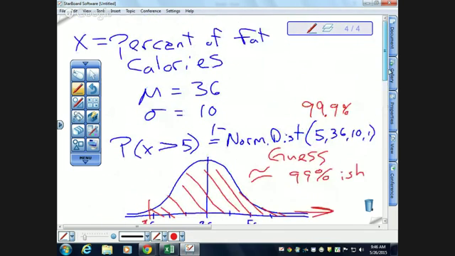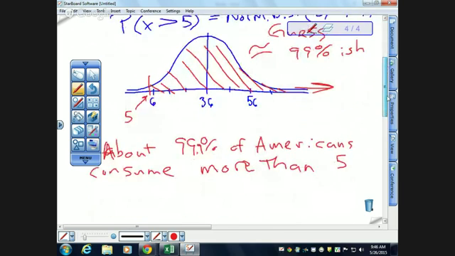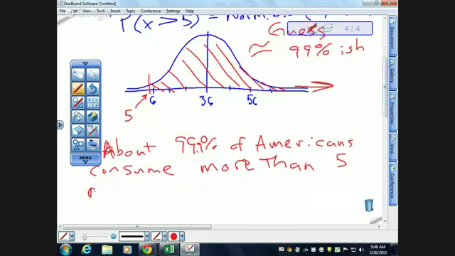So look back at what X is, percent of fat calories, or percent of calories from fat, I think is the way it's mentioned. Percent of fat calories. More than 5% of fat calories.